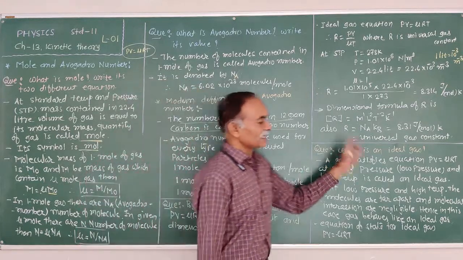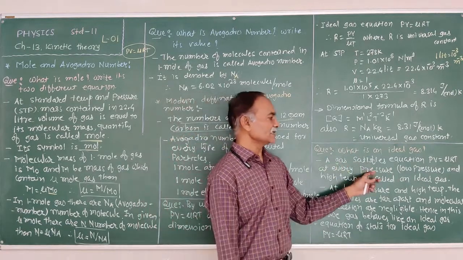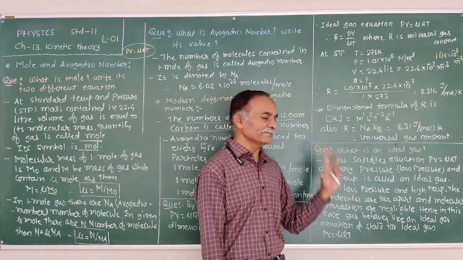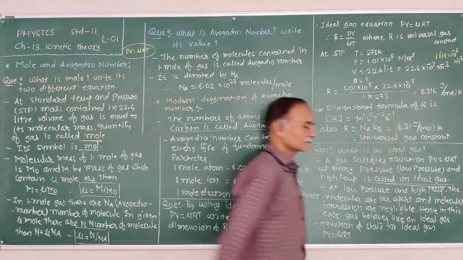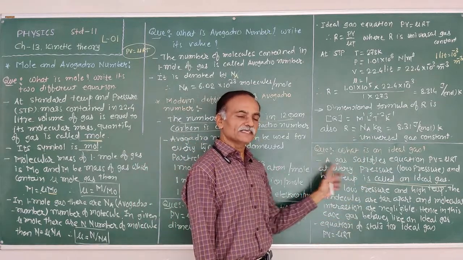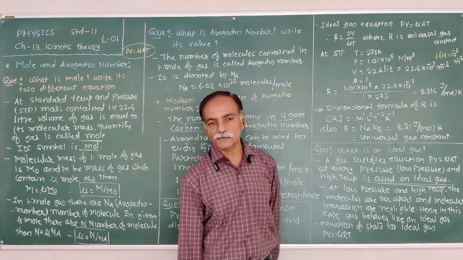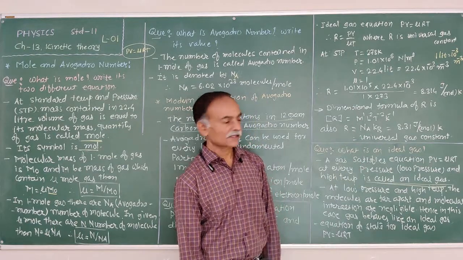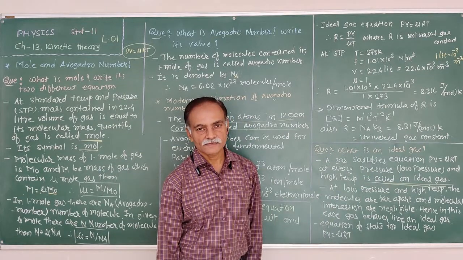A gas that satisfies the equation PV is equal to mu RT at every low pressure and high temperature is called an ideal gas.